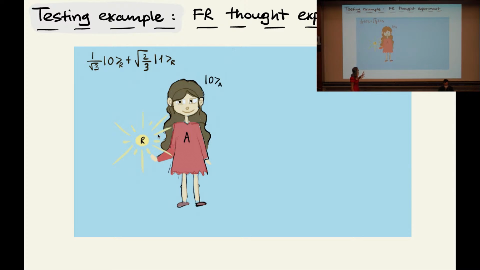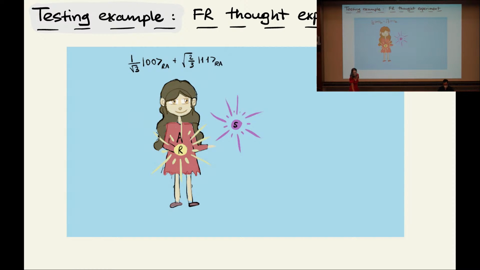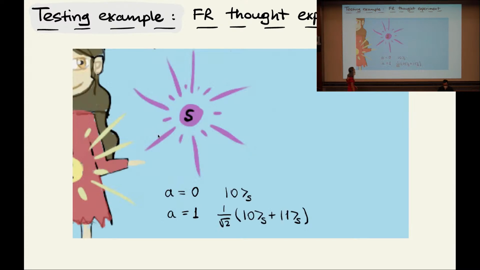So let me recap. We have an agent Alice, which we model as a memory qubit, initially in the state 0, which has a system R, which has a qubit initially in this state. Then Alice measures the system R in the computational basis 0, 1, and writes down the result to her memory. And she has a system S, which she initializes depending on her result, the same way as before.